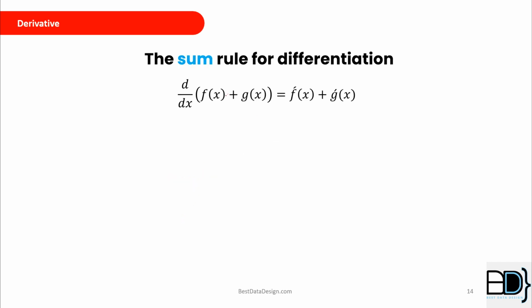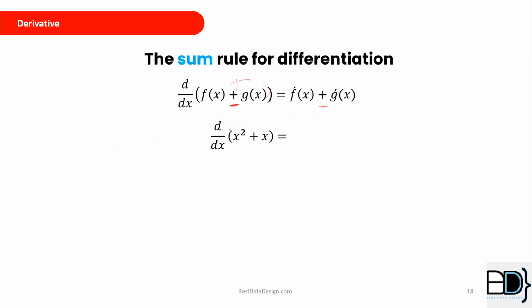The sum rule is saying that when there are multiple functions and there is a plus sign, we just perform the differentiation and we differentiate each item separately. So in this case, I just wanted to mention if there is a minus here, it will be minus as well.